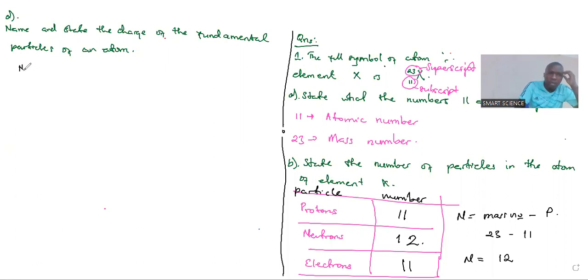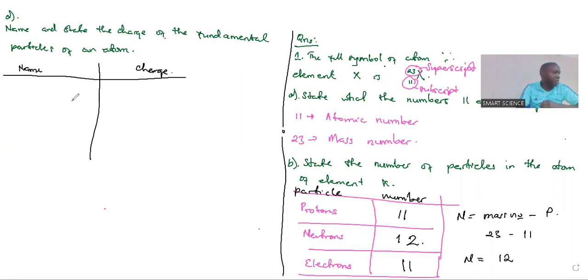So we shall come here and say, this side I have the name, this side I'm going to be placing the charge in form of a table, such that we can be as brief as possible. The first is protons, and the charge is positive. Some other people will just simply say positive in brackets.